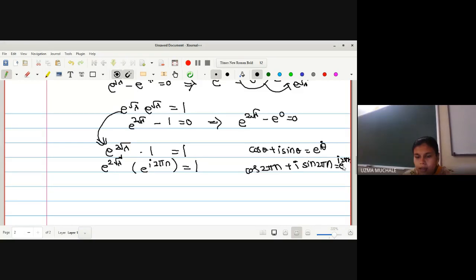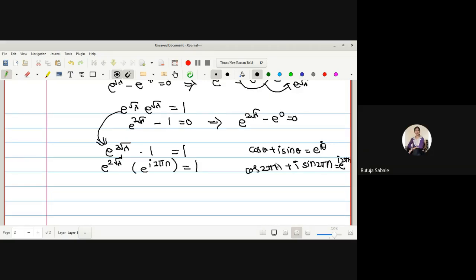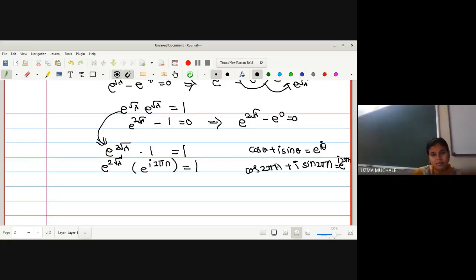Now, what will be the cos of 2 pi n? For n an integer, it is 1 or minus 1?